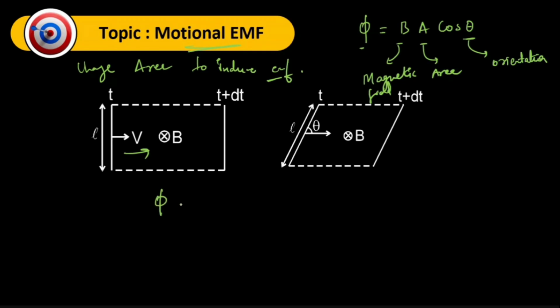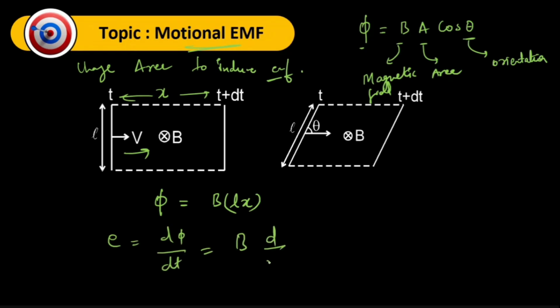The EMF induced due to this flux change is written like this. What is magnetic flux? Flux is nothing but BA. If we write the area as Lx, let's say it has moved x in the given time t. So the EMF is going to be d phi by dt.